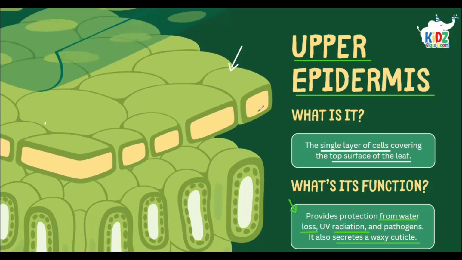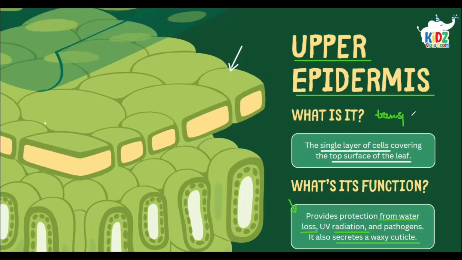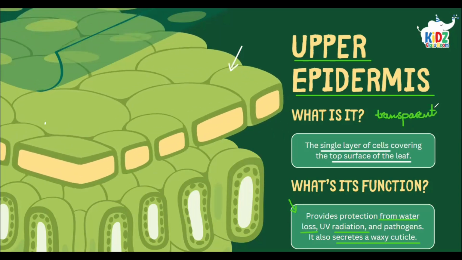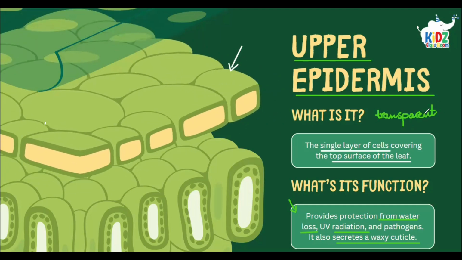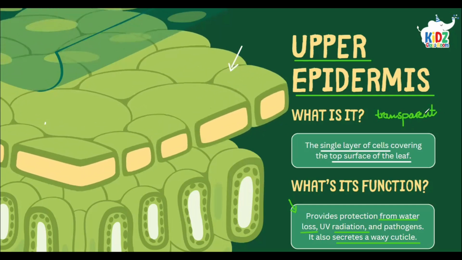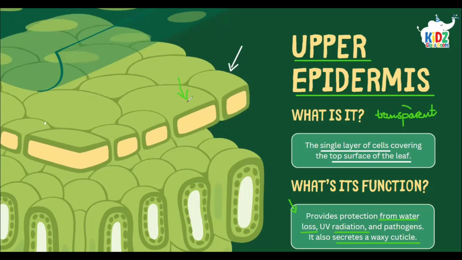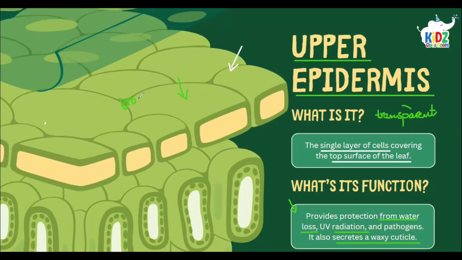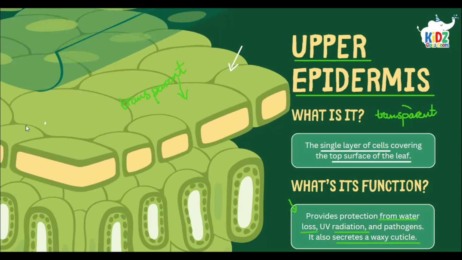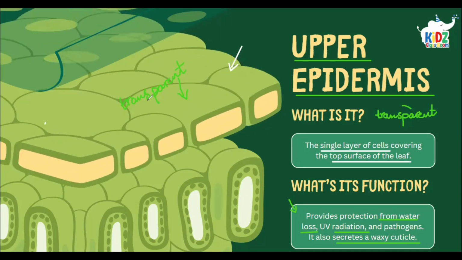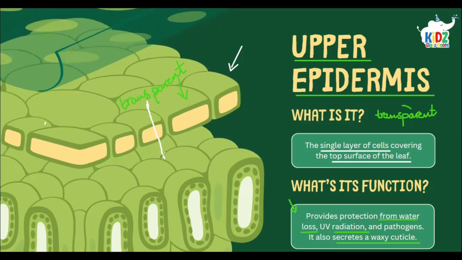The upper epidermis is transparent, and it allows sunlight to pass through to the mesophyll below.